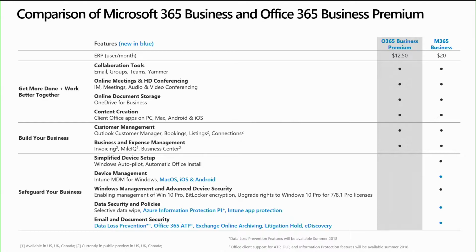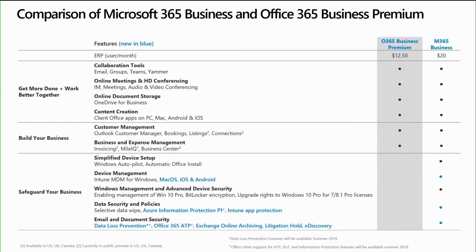Microsoft 365 Business is our ideal product for SMB customers because we believe it meets the IT needs of most SMB customers, because it goes beyond just collaboration and productivity. It also gives you security capabilities. It helps you stay on the latest and greatest version of Windows by offering you a free upgrade from previous Pro versions to Windows 10 Pro.